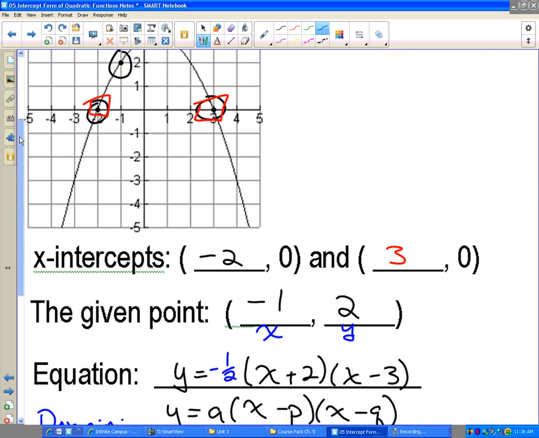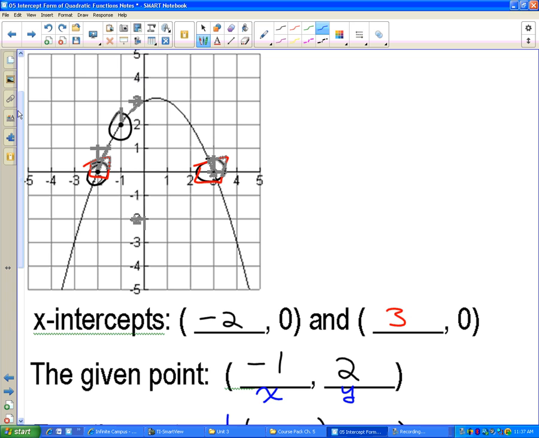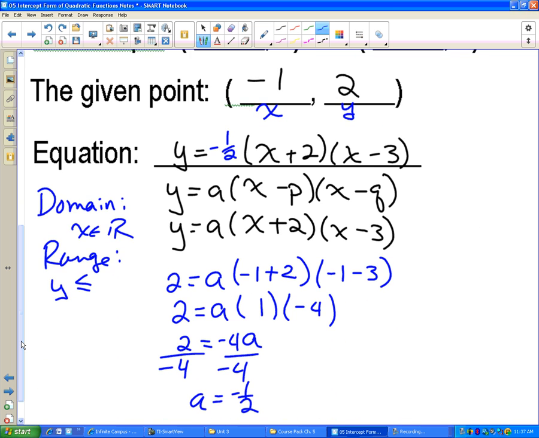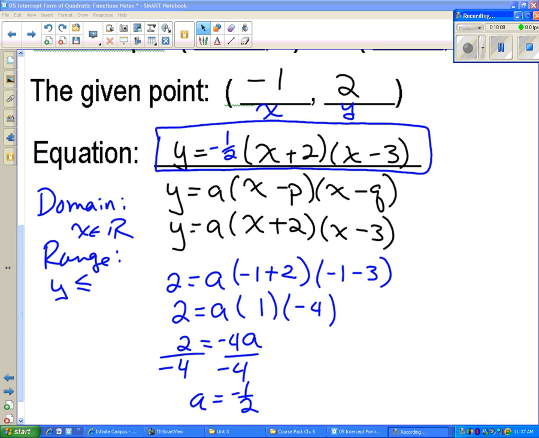It's halfway between these two. It looks like it's going to be 0.5 and a little more than 3. I'm not going to take the time to find it because I already have my equation, but I could find it if I needed to. There's my equation. That's how I find an equation given the graph. Have a good evening.